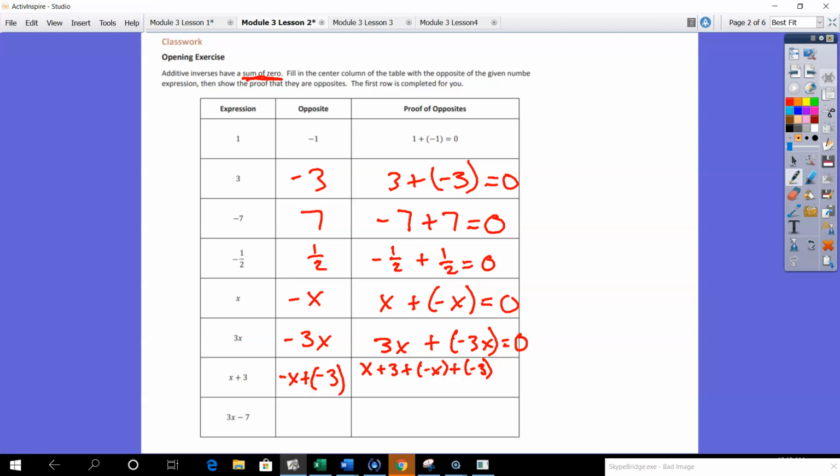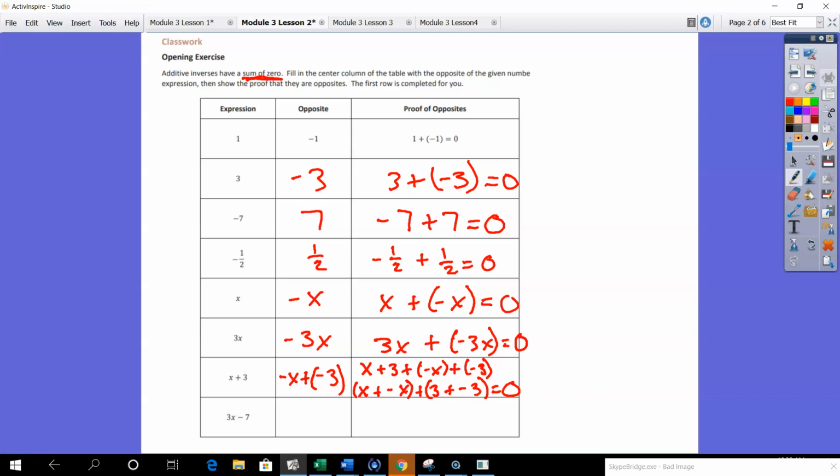If we use the commutative property to change the order, we have x plus -x, so we're putting our x's together, and then plus 3 plus -3, so we're putting those together. We're grouping it. The x's together equal 0. The 3's together equal 0. So the whole thing equals 0.